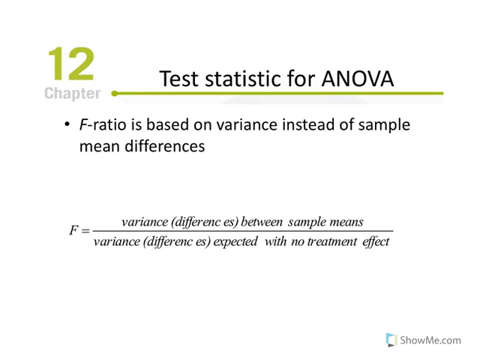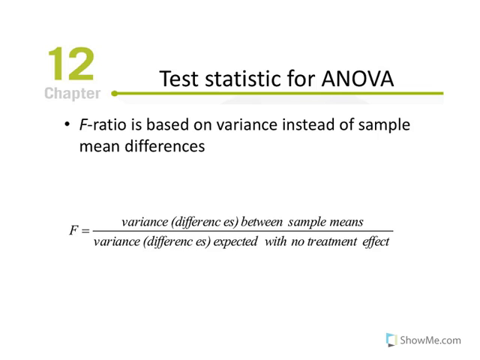So going back to our F statistic equation, again, F is equal to the variance or differences between sample means over the variance expected with no treatment effect. So I'm going to give you an example of exactly what these variables represent and how we can express them verbally.